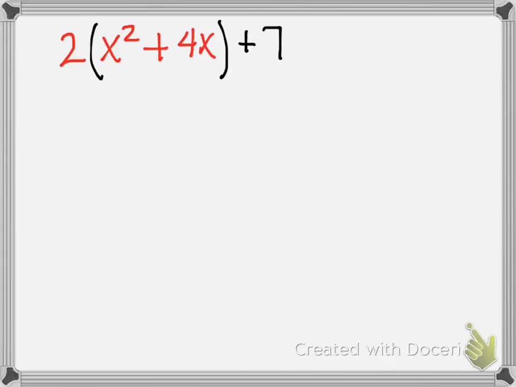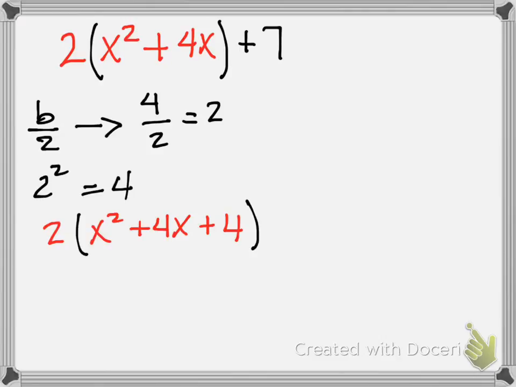Once we do that, we take the b and divide it by 2. Whatever the b is, you always divide it by 2. So I have 4 over 2, that gives me 2. Once you get that number, you square it. Always square it.